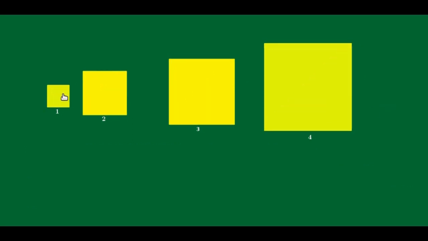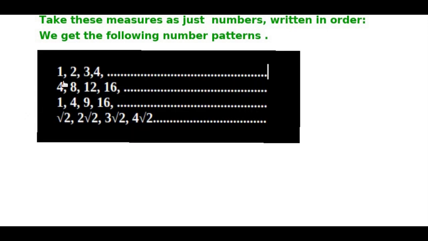In this example, we get 4 number patterns using the sides, perimeters, areas and lengths of the diagonals of the squares. Take the measures as just numbers. Written in order, we get the following number patterns. Here the first represents the sides of the squares, the second the perimeters, the third the areas and the fourth pattern represents the lengths of the diagonals.